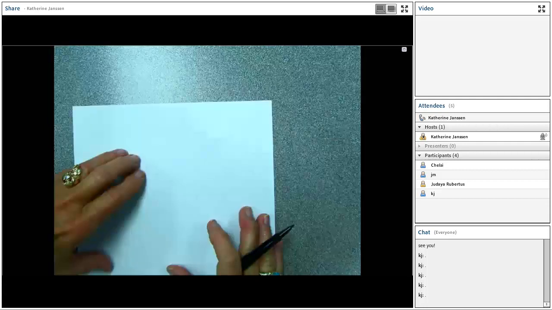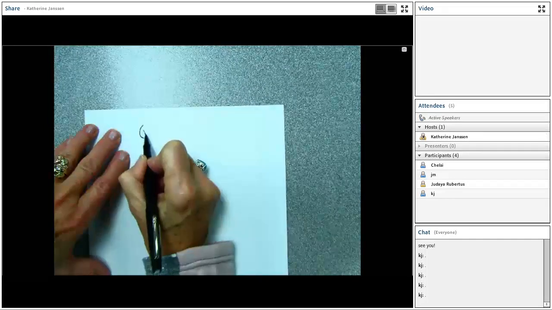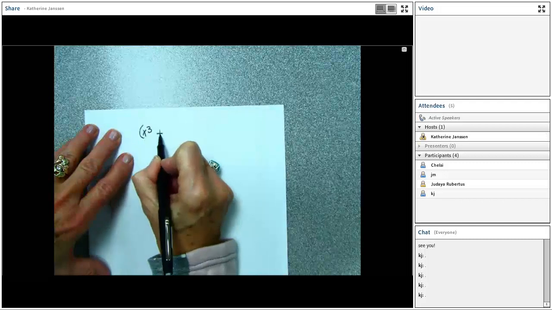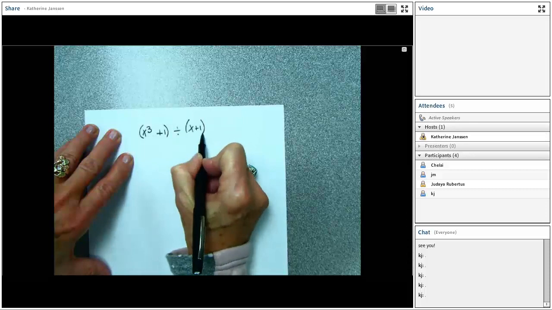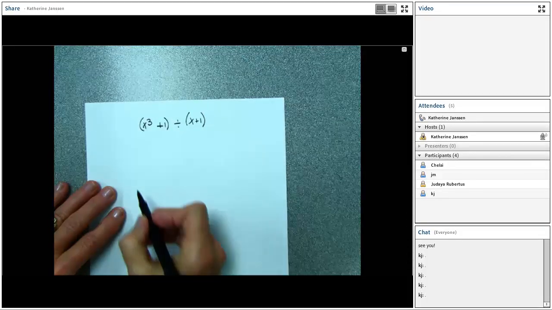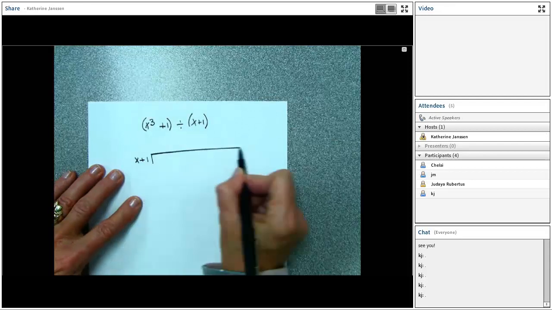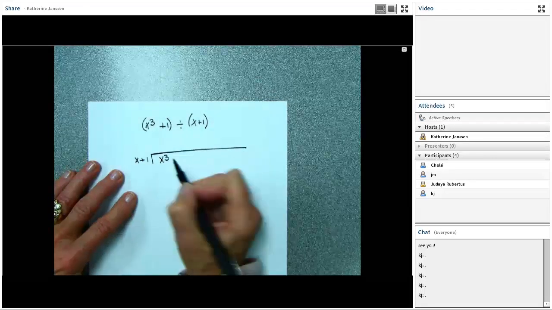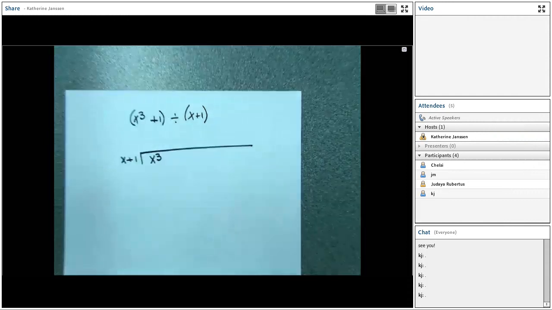Then your caution when we're dividing polynomials: x cubed plus 1 divided by x plus 1. Remember longhand, x plus 1 goes into x cubed, but we have to think about those missing terms.